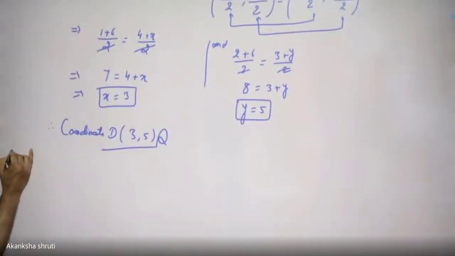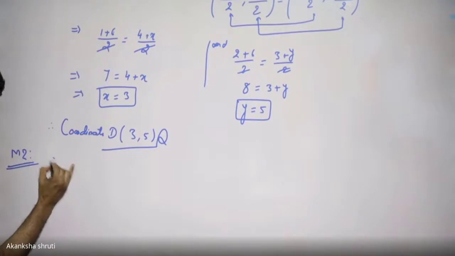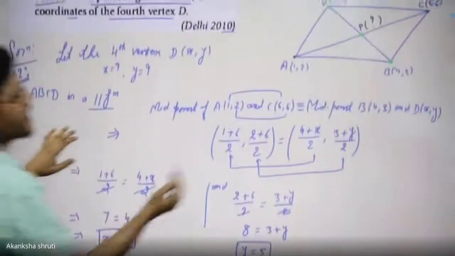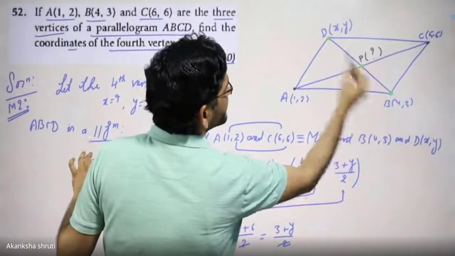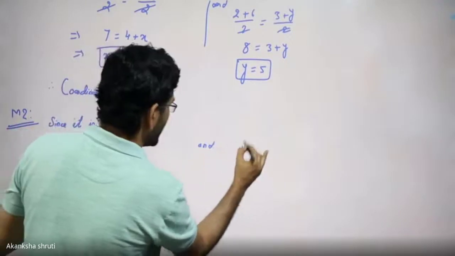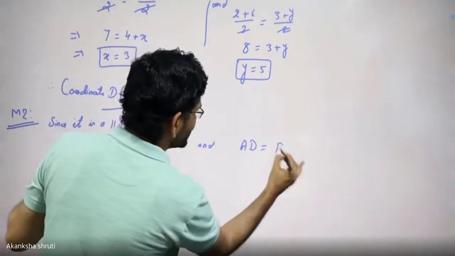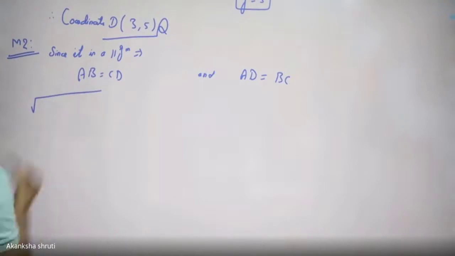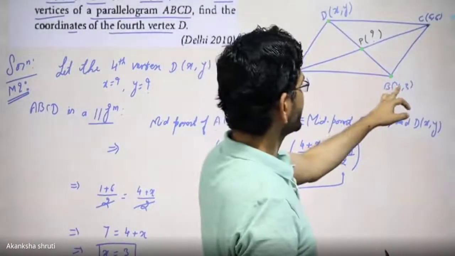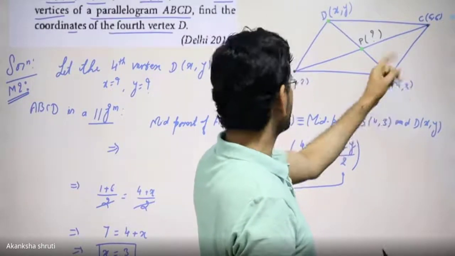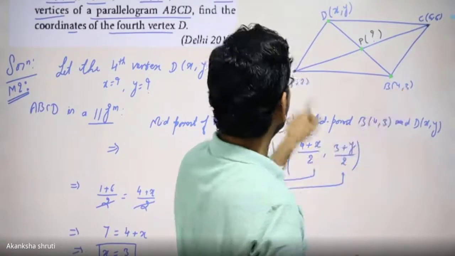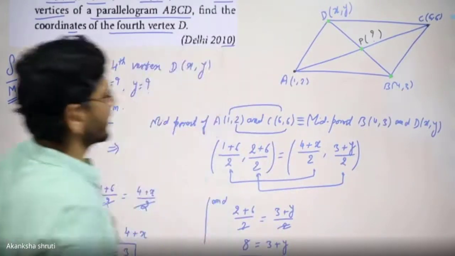The method 2: since it is a parallelogram, therefore its opposite sides are equal, means AB will be equal to CD and the other pair AD is equal to BC. Use the distance formula: square root of AB, that is (1 minus 4) squared plus (3 minus 2) squared.